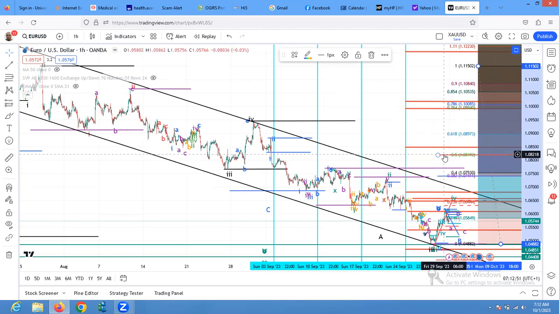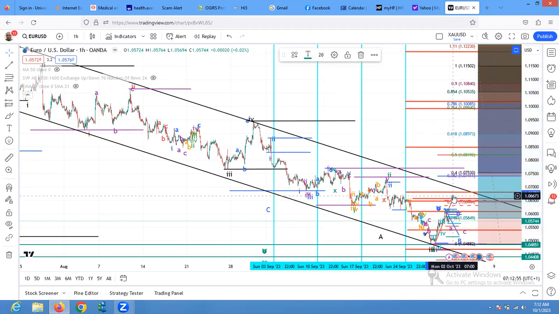So this is where we expect to see a wave 4. We are anticipating a wave 4 in this area. That is what we are anticipating now.